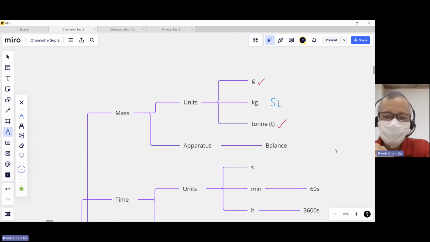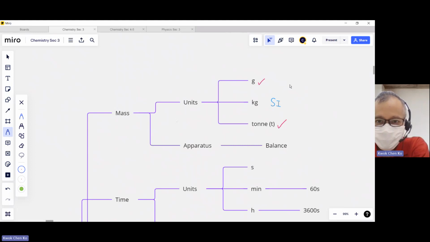Okay, maybe not tons as such, but grams are definitely used very, very often. In fact, in chemistry, grams is used more often than kg. So just keep that in mind. And of course, you're expected to know the conversion among these three units.